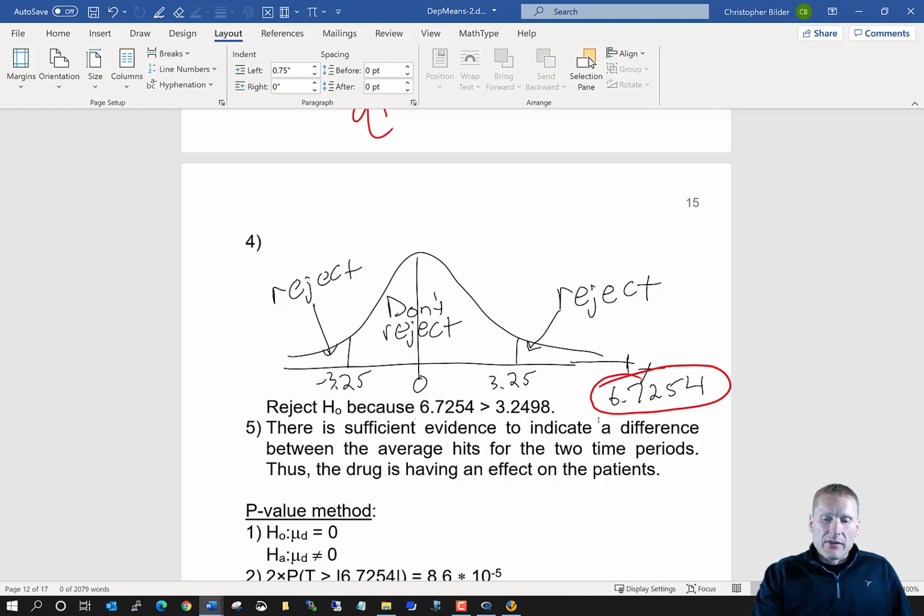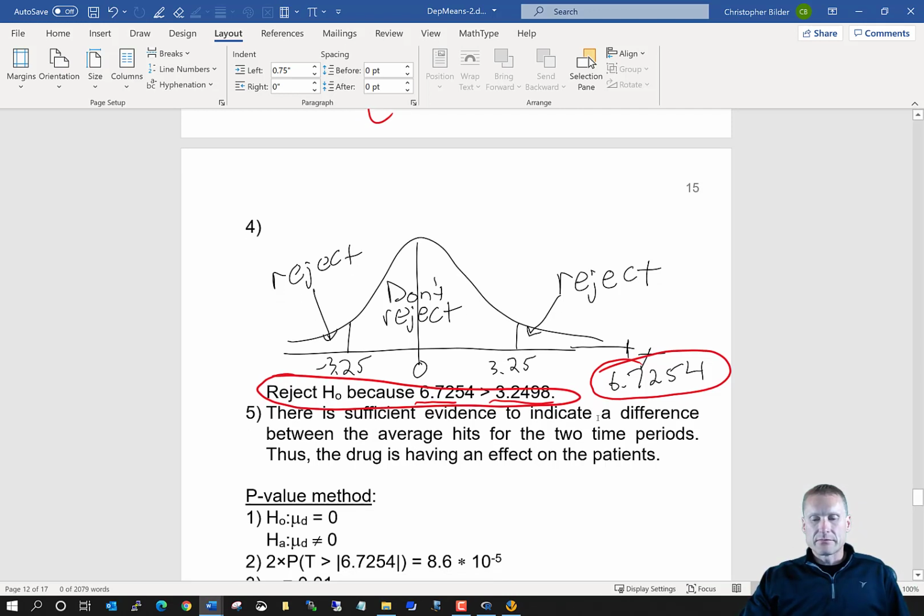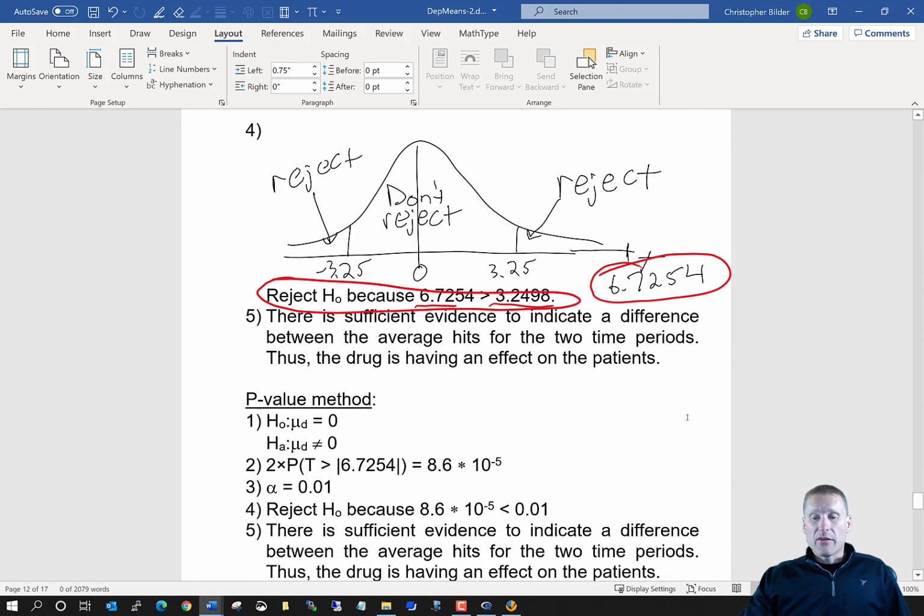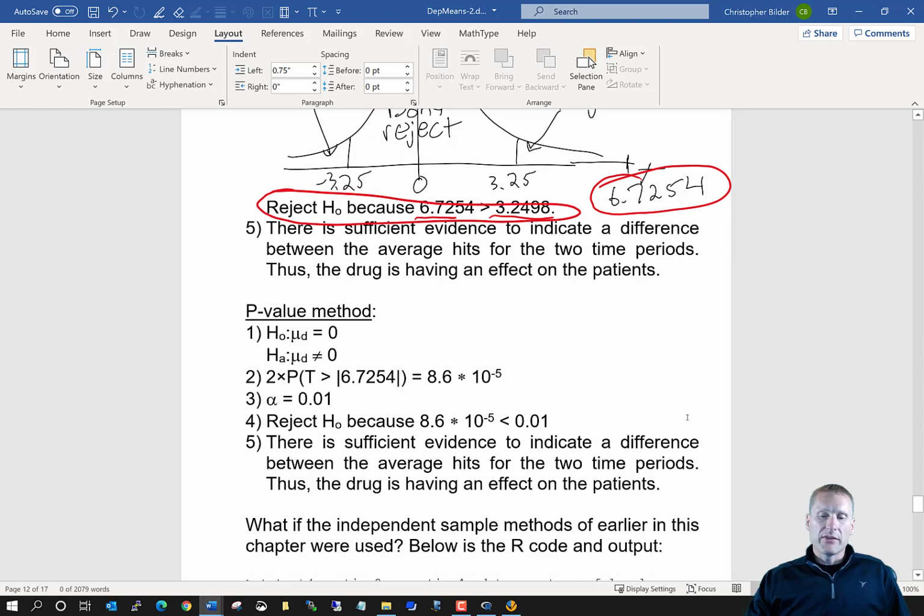So since 6.73 is greater than 3.25, we reject H0. Again, I expect to always see something like this on any kind of graded assignment, project, or test. So this means that there is sufficient evidence to indicate a difference between the average hits for the 2 different time periods. Thus, and this is key, the drug is having an effect on these patients.